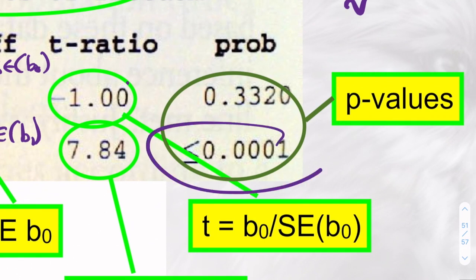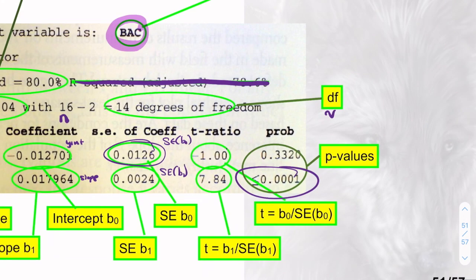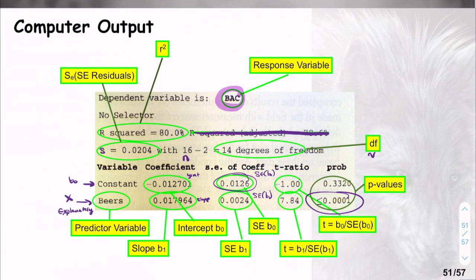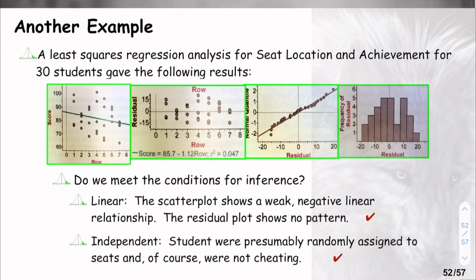Oftentimes we're looking at our probability for our slope, but it's good to look at what's the chance that both of these happen. So save this slide if you need an explanation, because the last problem that we're going to do just relies on giving you the computer outputs. So, last example for the school year.